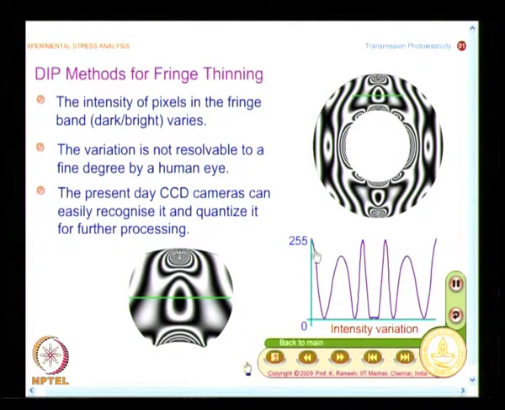You find that intensity varies across the fringe thickness. What you see as a black fringe is not really black; you have a variation of intensity, and this is decently captured by your digital camera.